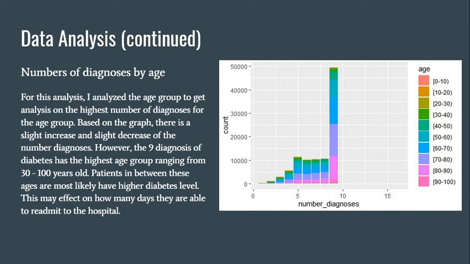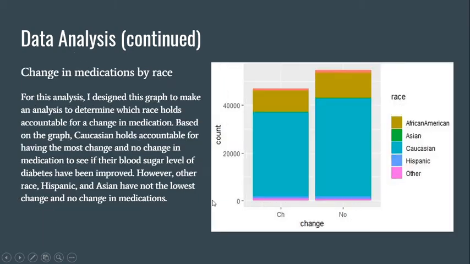Many patients are constantly being admitted to the hospital, and once they get discharged, if they need to be readmitted, there's a slightly higher chance that they're not able to be readmitted because of their higher blood sugar levels. So I thought that was really interesting.